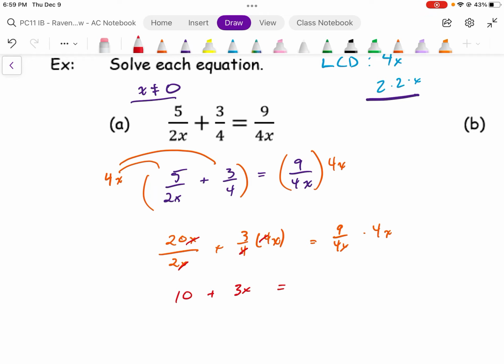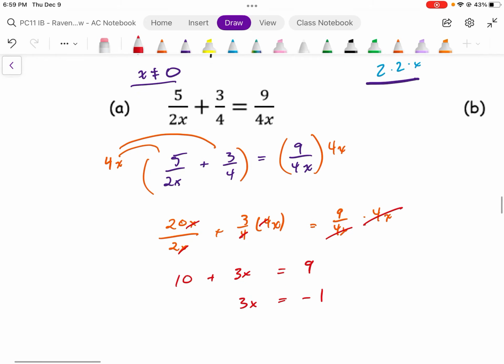And on the right-hand side of my equation, a factor of 4x and 4x cancel each other out. So all I'm left with is 9. Now, this looks fairly nice. So I'm going to subtract 10 from both sides. I'm going to divide both sides by 3 now. So what I get is x is equal to negative 1/3.